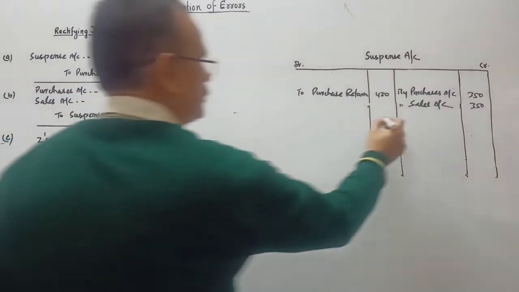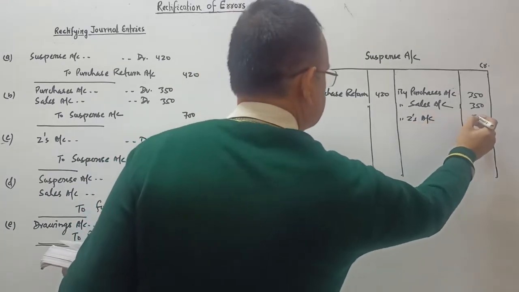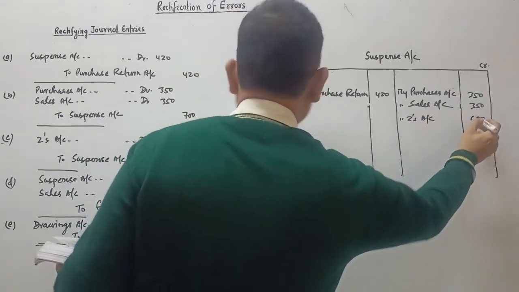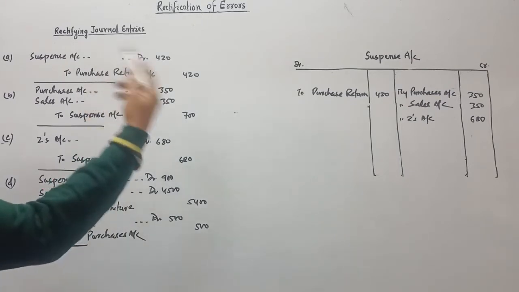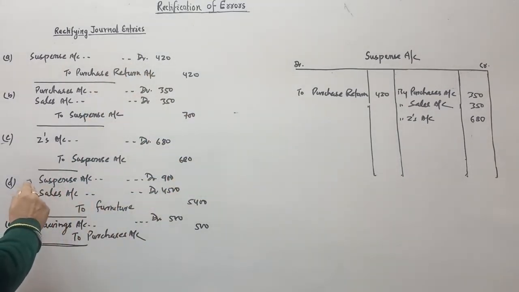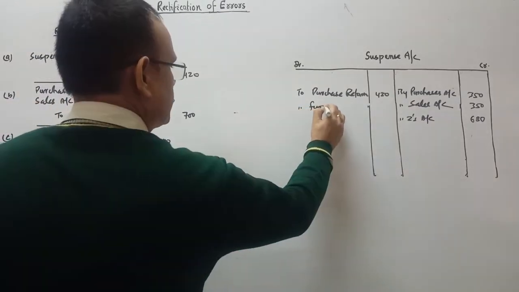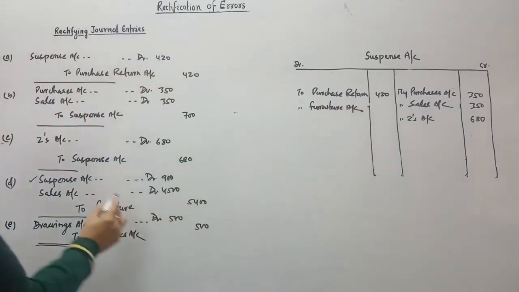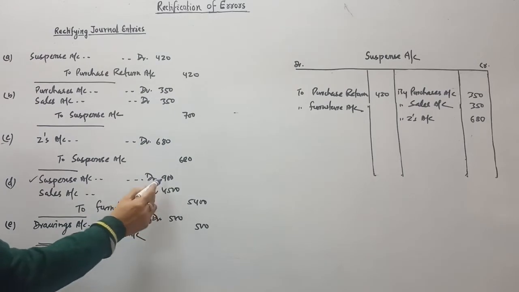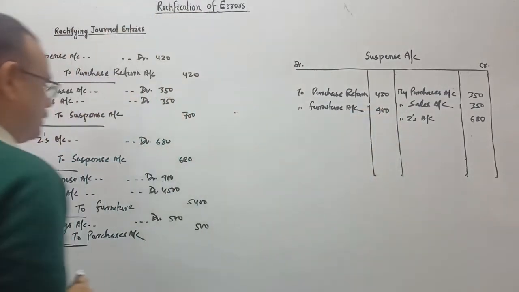By Z's account, 680 rupees, on the credit side. Now suspense is on debit, so on the debit side we will write to furniture. But we will write the amount of the suspense, not the furniture. 900 is the amount of furniture.